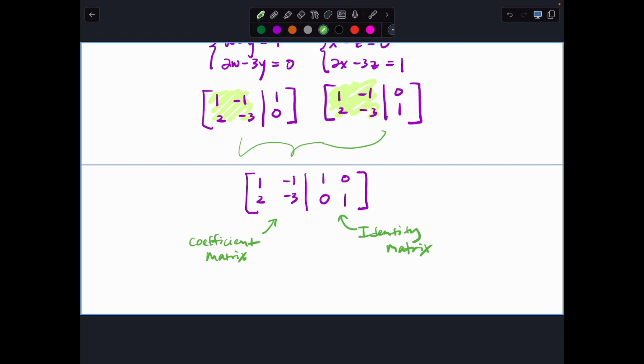What was our goal in getting to here? What were we trying to do? Find the inverse of A. And we've gotten to the point where now we have this augmented matrix.